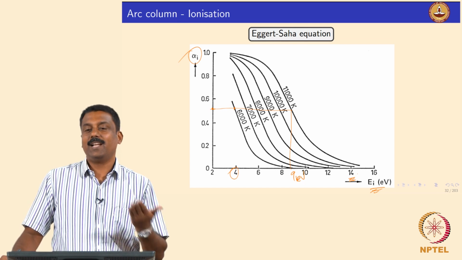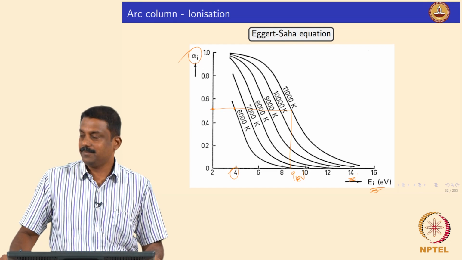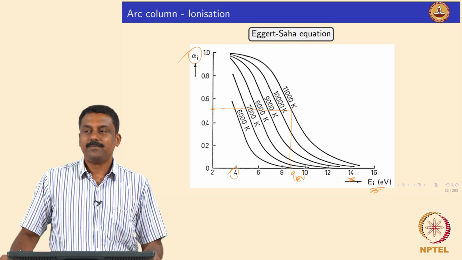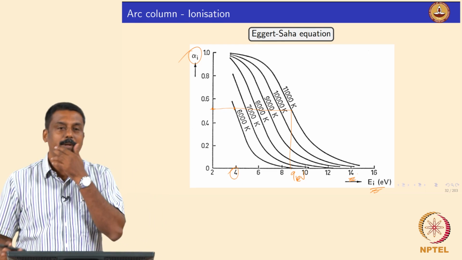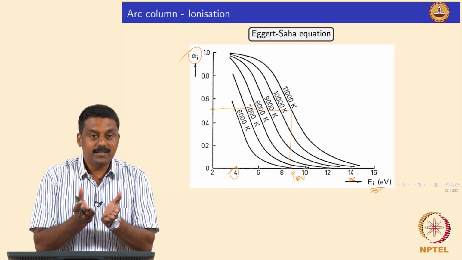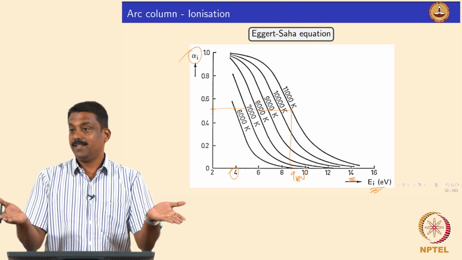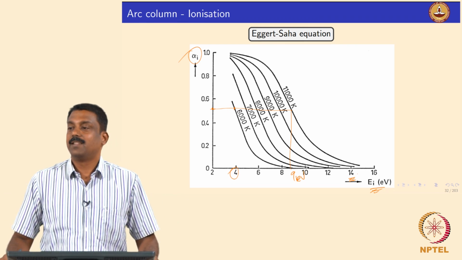So, when you use helium as a shielding gas, helium has the highest ionization energy. When you ionize helium, obviously the system temperature should also be very high, so the arc temperature will also be very high, right?